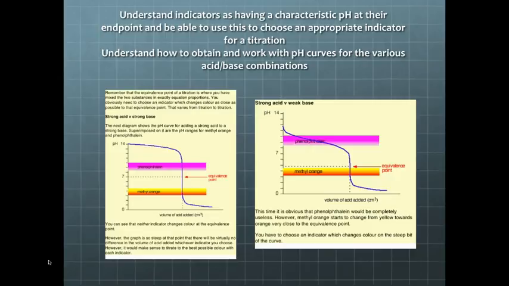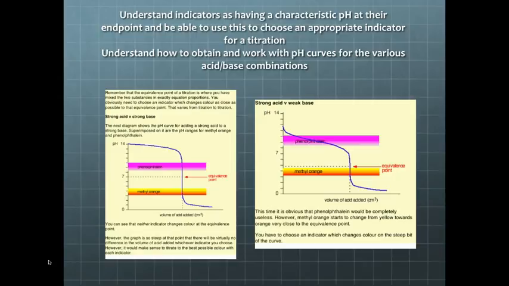Let's look at a strong acid versus a weak base. Again, phenolphthalein turns from clear to purple a little bit above 7, and methyl orange turns from yellow to orange a little bit below 7.